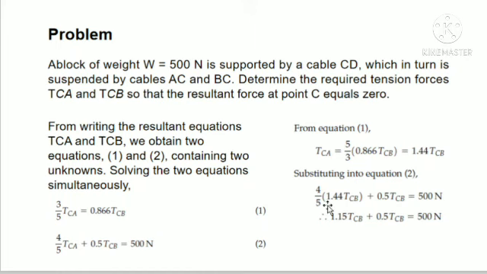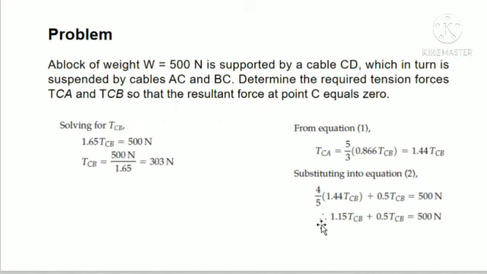So therefore, we have 1.15 tension CB plus 0.5 of tension CB is equal to 500 Newtons. If you notice, it is tension CB plus tension CB, so we can add them because they are like terms.